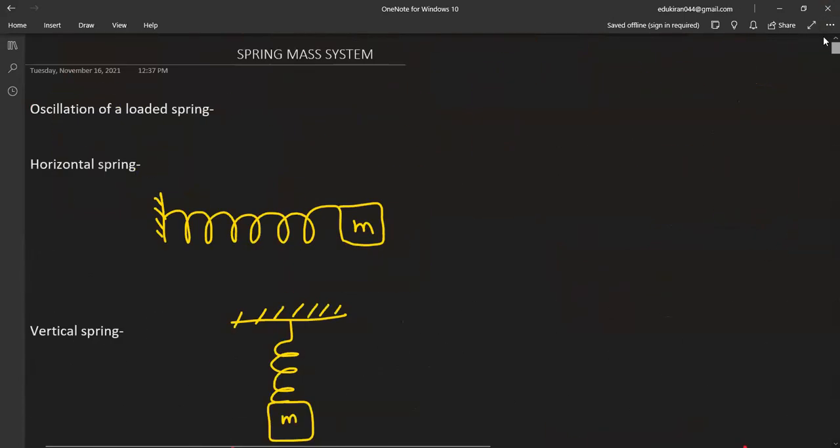Basically, the mechanism behind all these is that an external force pulls it. Suppose this was the resting position. Now I have pulled it, so this becomes X. If I take it to the extreme, last position possible for the spring, beyond which the spring cannot be extended, then X will be equal to the amplitude. This is what I was saying.